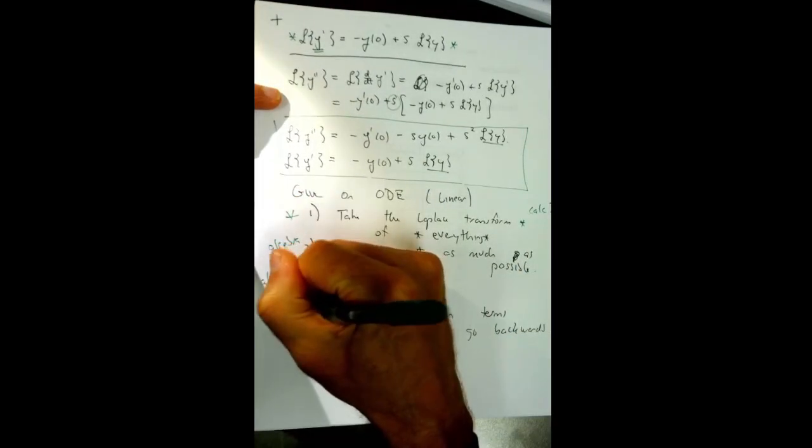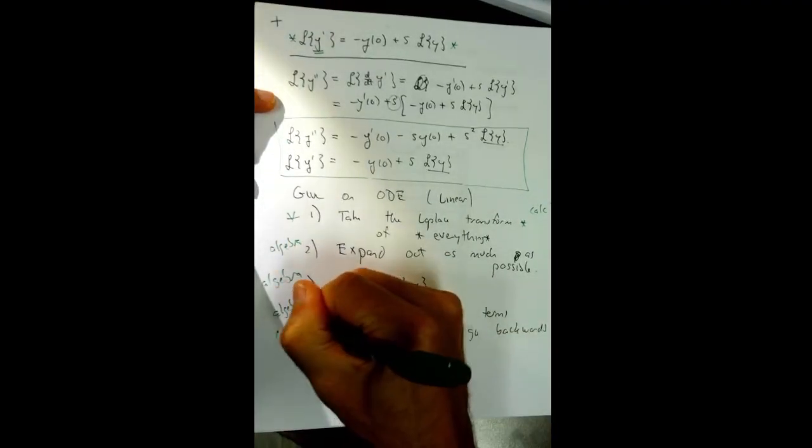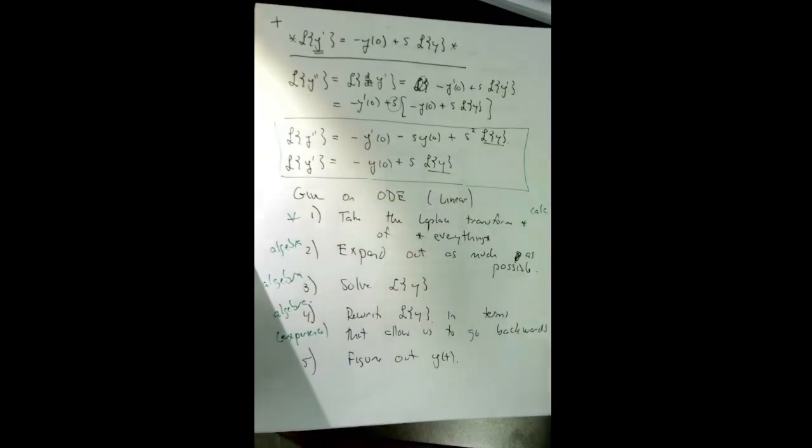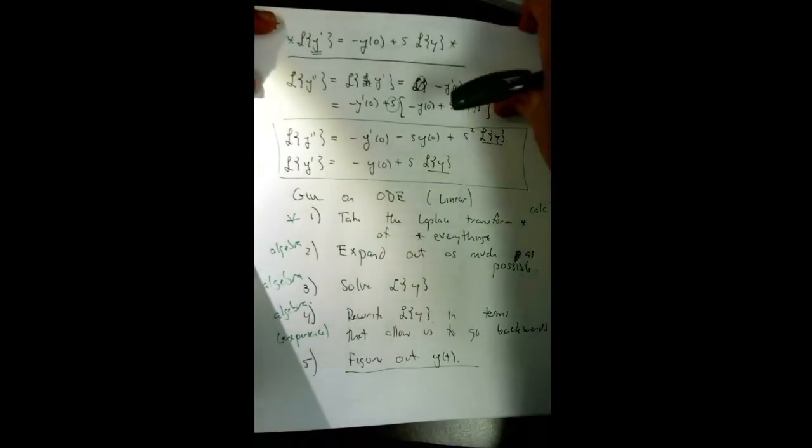Step 4 is algebra. But we should note that there's some experience involved there. You have to get a feel for that. Again, this is something you just got to sit down and do. So you need to get a feel for this. And that is just a matter of going backwards once you've done all the hard work. Okay.